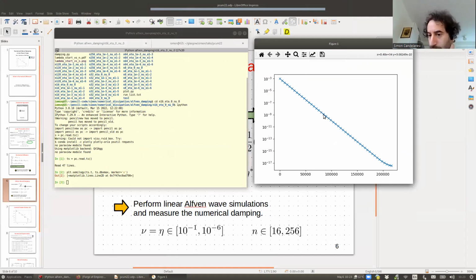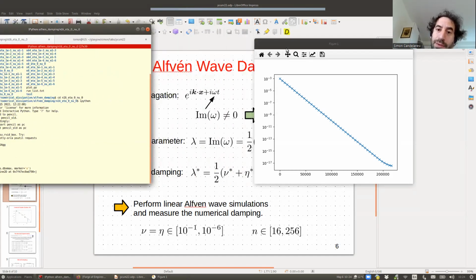So what you see in this plot is the wave amplitude in time. Horizontal is time, vertical is the wave amplitude. And that's a single logarithmic plot. So you see exactly an exponential decay. Okay, and then with these data points, we want to know the slope of this, because the slope of that is lambda.